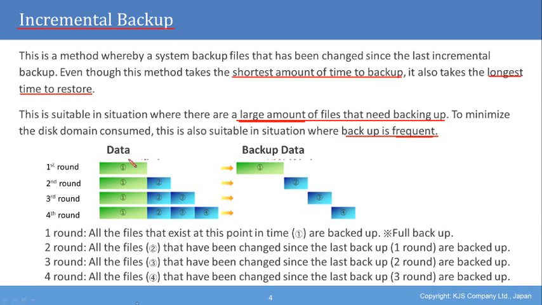Now we have a simple diagram to help us understand what's going on here. We have the original data on the left here and the backup data. Now in the first round you have the first original set of data that you have, and you just copy, because that's the only data that you have and it's the first round, you just copy the entire load to the backup.